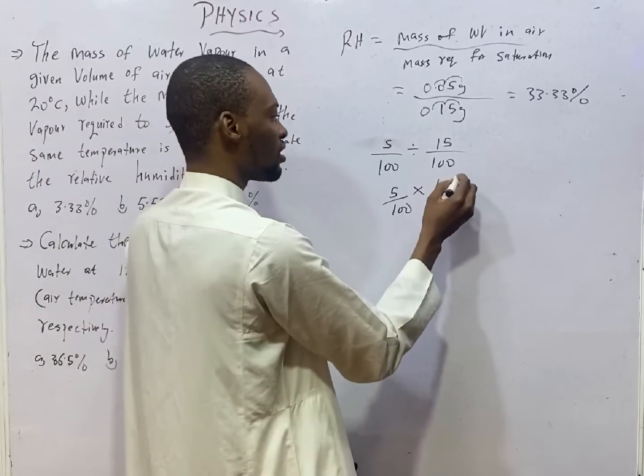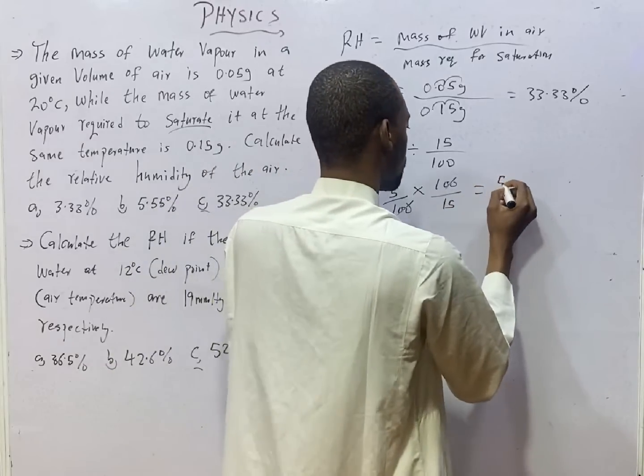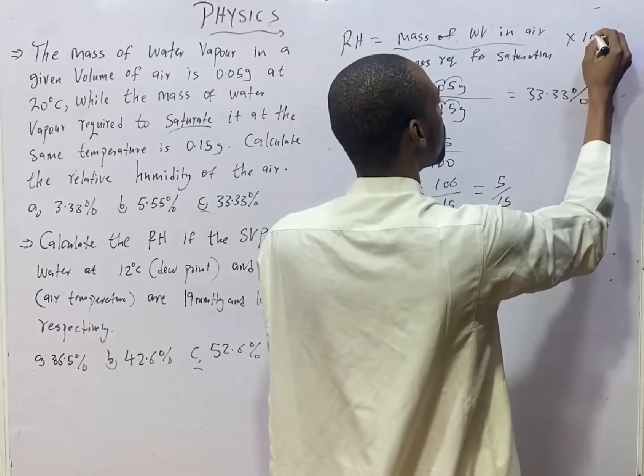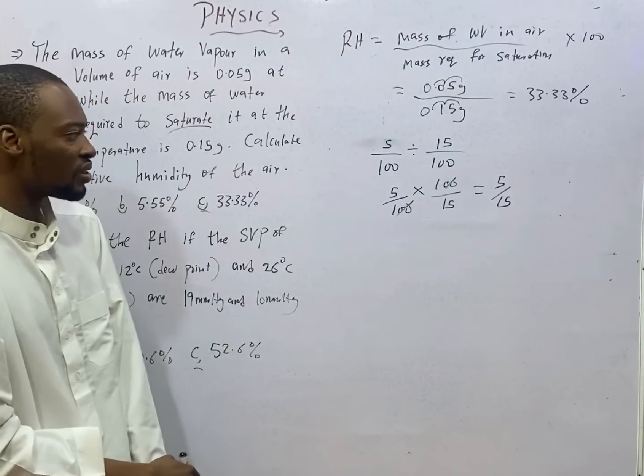So 100 cancels 100, and this equals 5 over 15. Remember, we are dealing with it in percentage, so this is times 100%. 5 over 15 times 100 should give you 33.33.